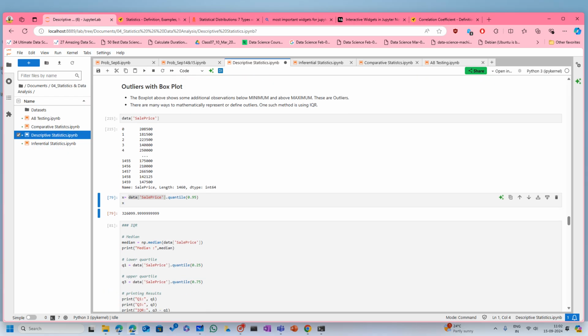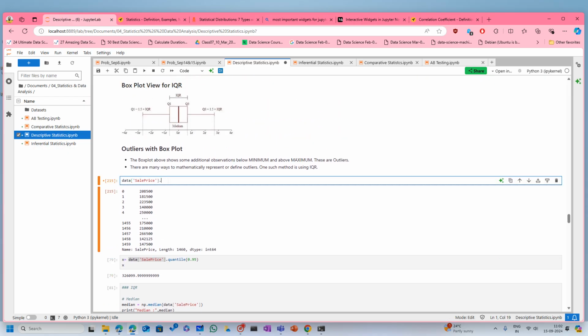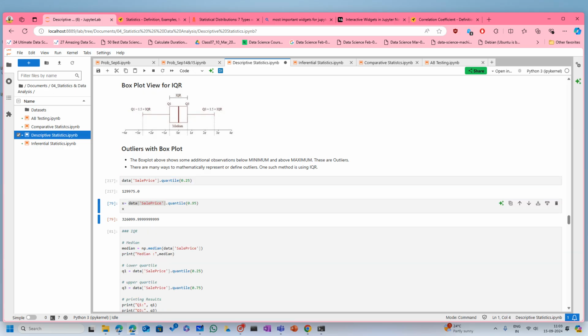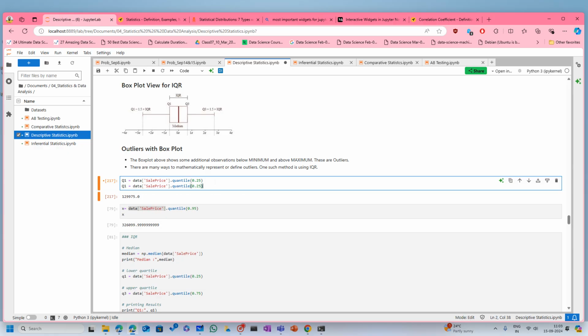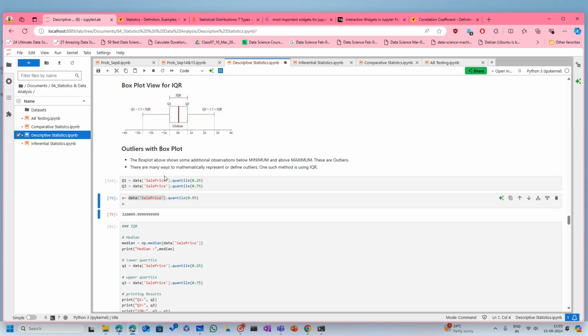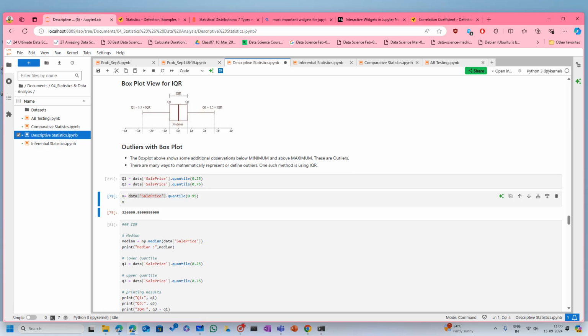You have 1460 values, and if you apply a quantile of 25%, that is, a quantile of 0.25, this is your Q1. Q1 equals this, and Q3 is nothing but the value below which 75% of the values lie. You can calculate Q3 also. They have done it already here.